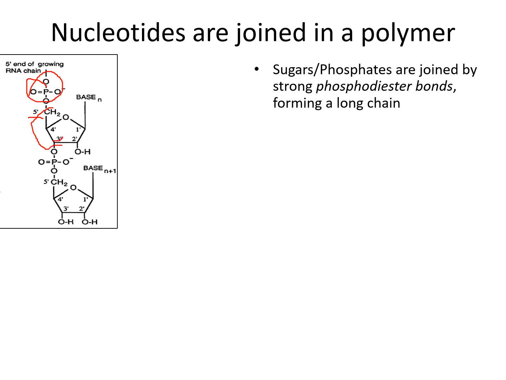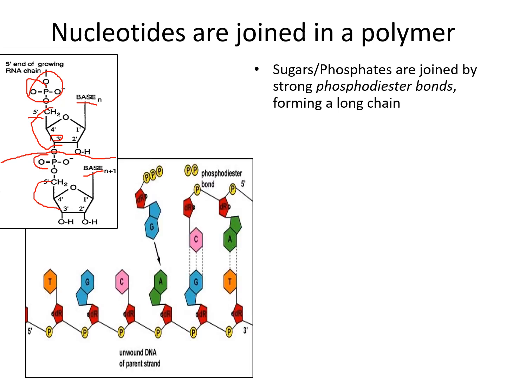Here's the bottom of the molecule, the 3' molecule, which is going to bind to the phosphate of the next nucleotide down. So again, here's the phosphate, here is 5' sugar, and these are the nitrogenous bases that are actually determining the identity of the nucleotide. Okay, so nucleotides are joined together into long chains.